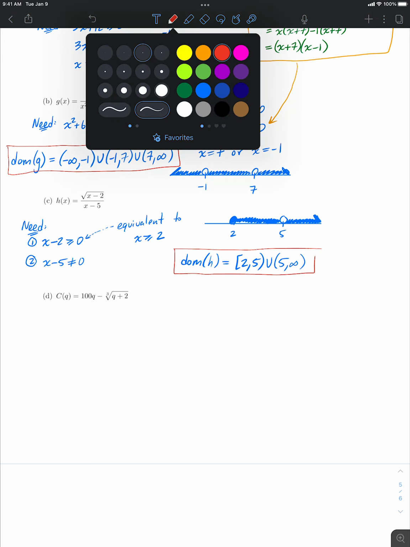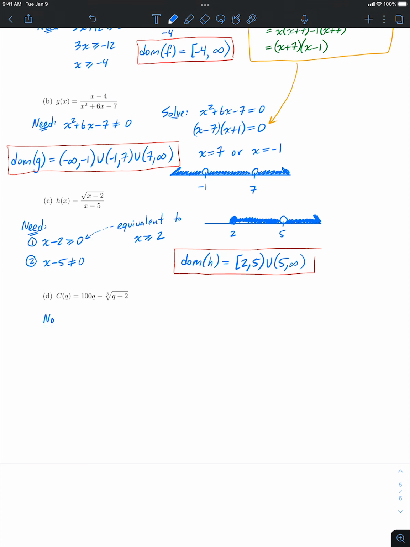So let's just say that: no restrictions. The operations that are used to define this function are defined for all real numbers. So is q. Q is the input variable. So is c, is what I meant to say, because c is the name of the function.